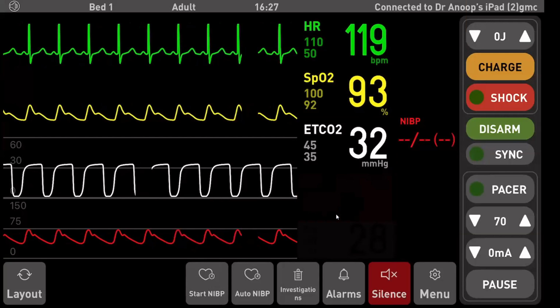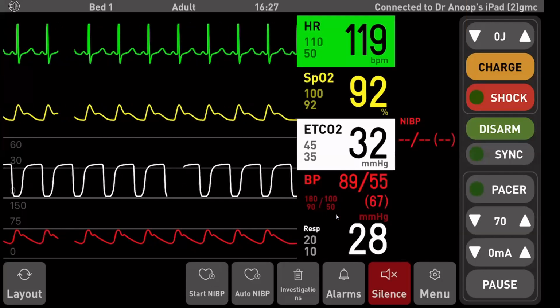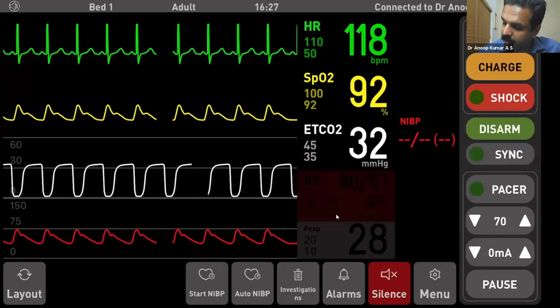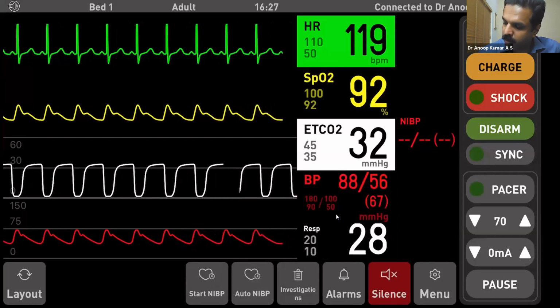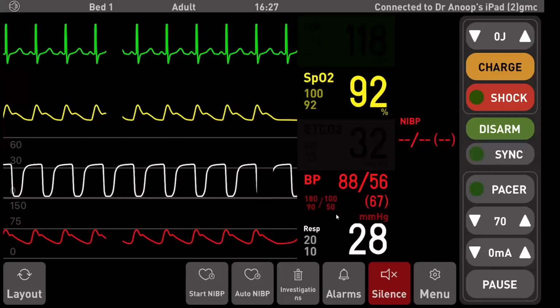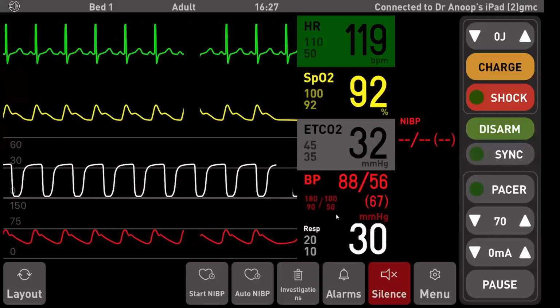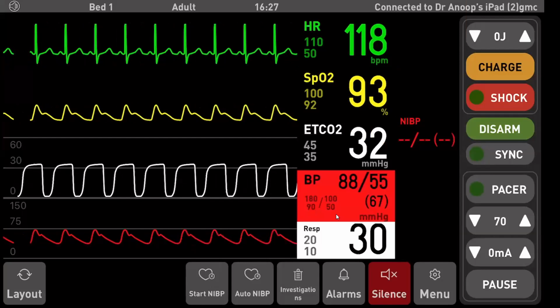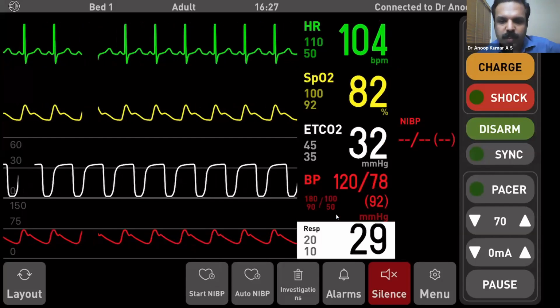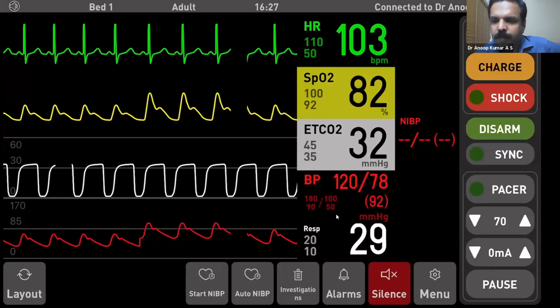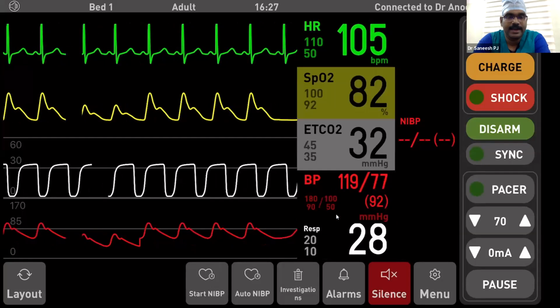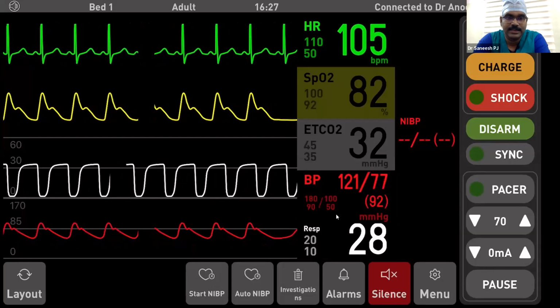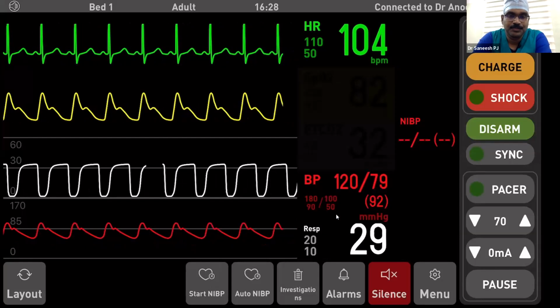Around 1 to 2 liter, I will infuse the IV fluid. So you want to give 2 liter bolus now? Yes, sir. According to body weight, sir. 1 to 1.5 liter. Okay. So given. Sister, did you give? Yeah, I've given 1.5 liters of ringer lactate infused.